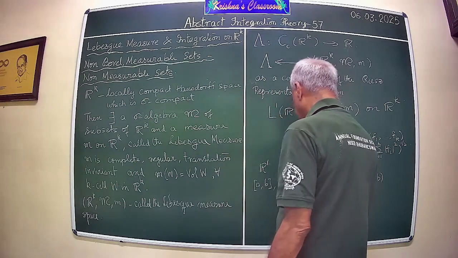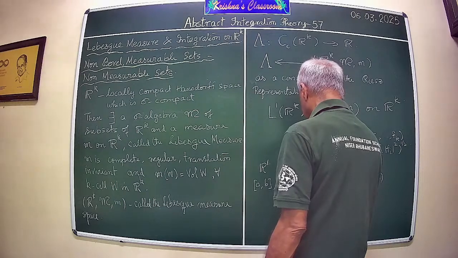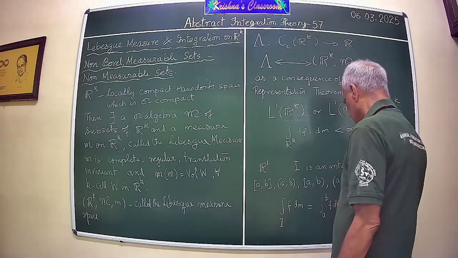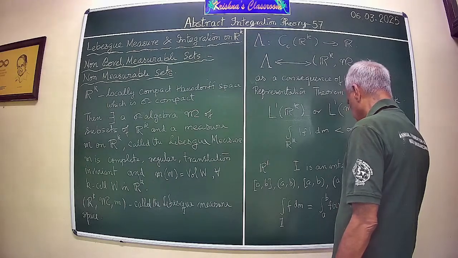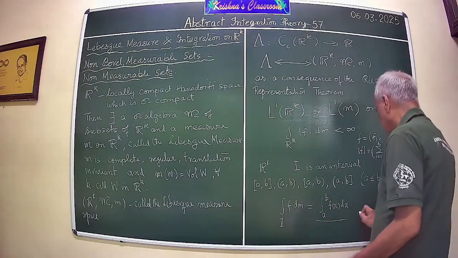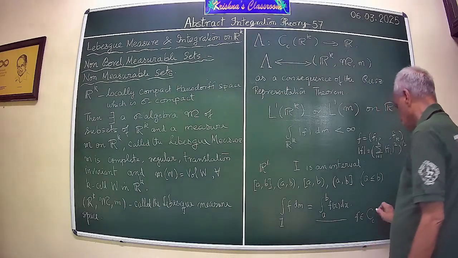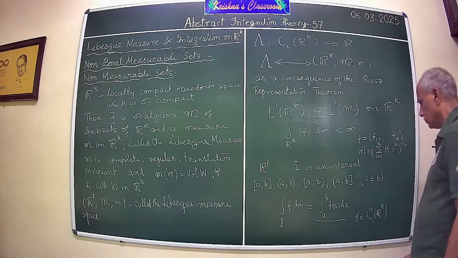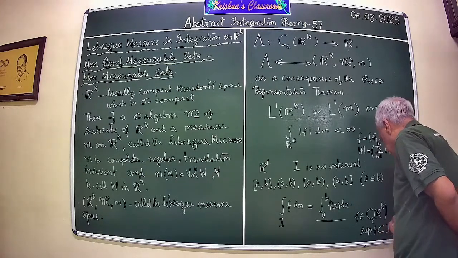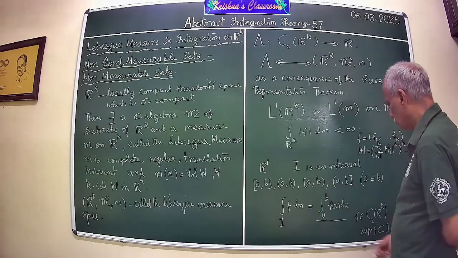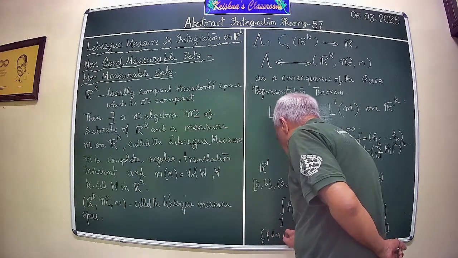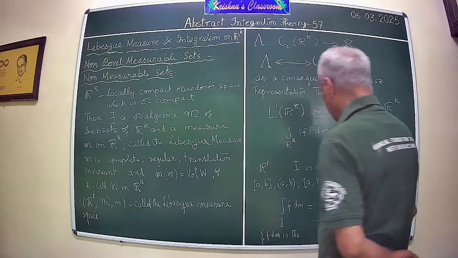The integral over I of f(x) dx. Now you see that this is the usual notation, and you see that for f belonging to C_c(R^k) with support of f contained in I, this integral over I of f dm is the Riemann integral.